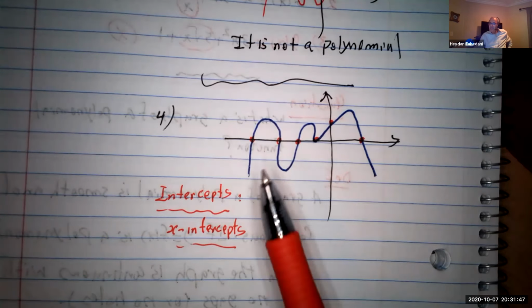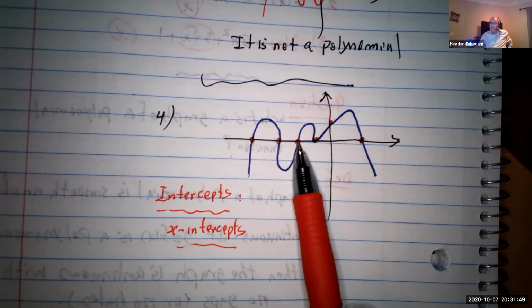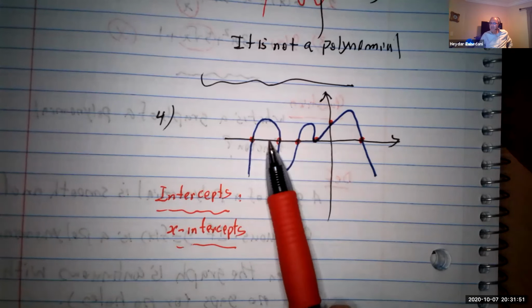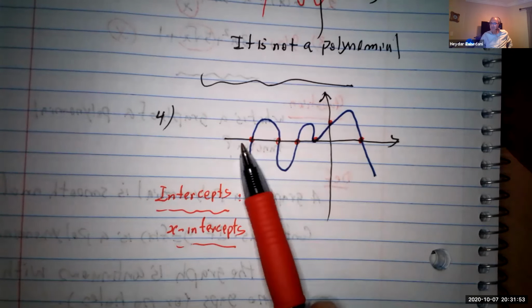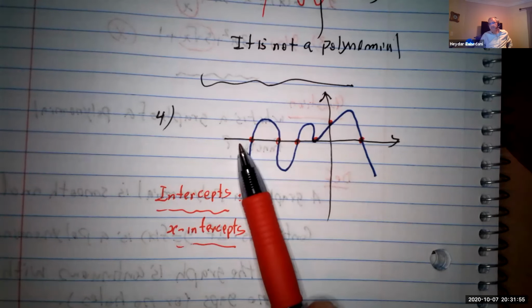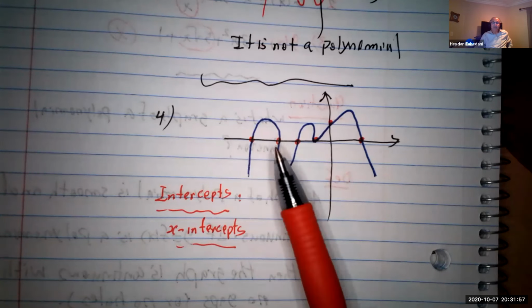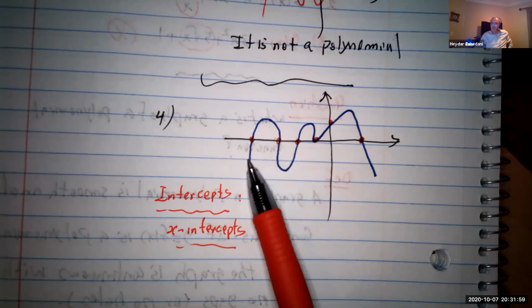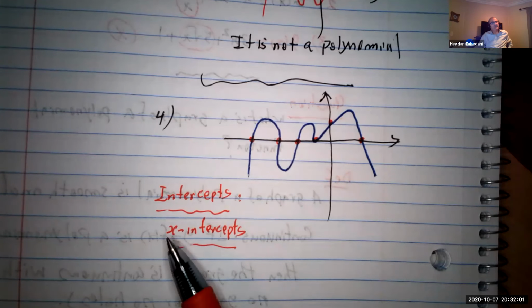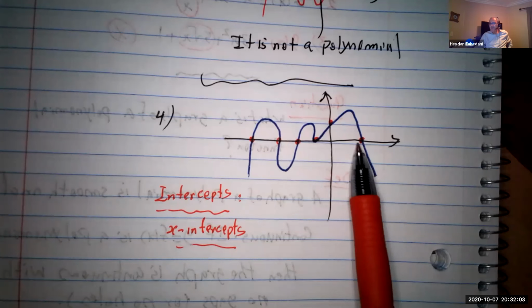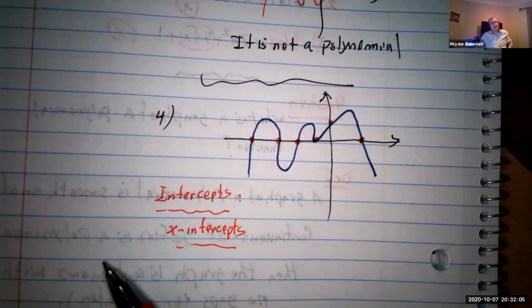When you look at these x-intercepts, can you see any difference between them when you want to graph the function? You know that when you have these points, you have to go through them. But one of them is different from the other. Which one is it?